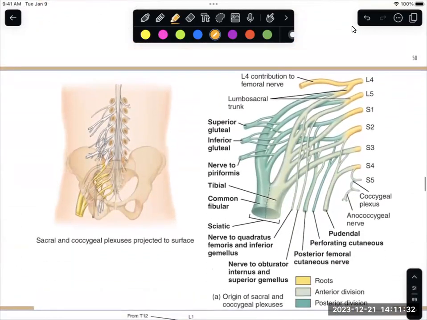So here we can see this sciatic nerve. The sciatic nerve is made up of this tibial nerve and this common fibular nerve. Test question.